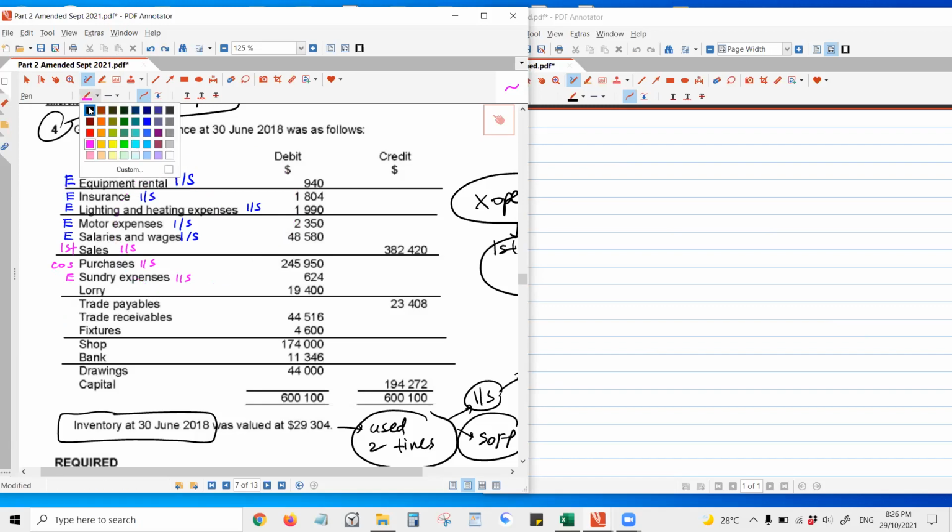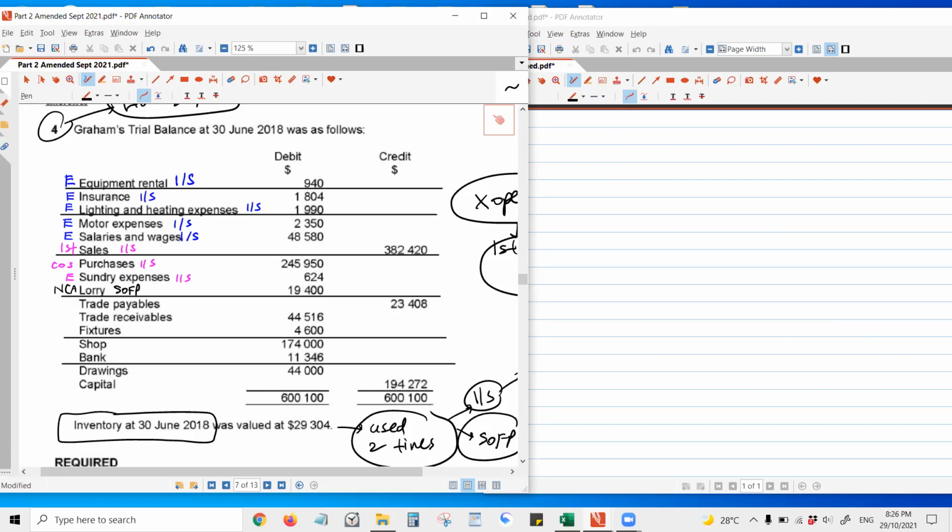Lorry is an NCA, so you write NCA in the SOFP. Lorry means motor vehicle, but it's okay to copy the term that they use here. They write lorry, you write lorry into the SOFP.